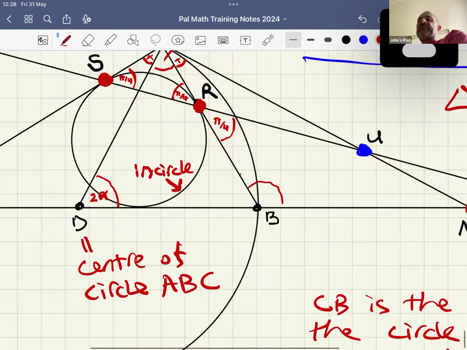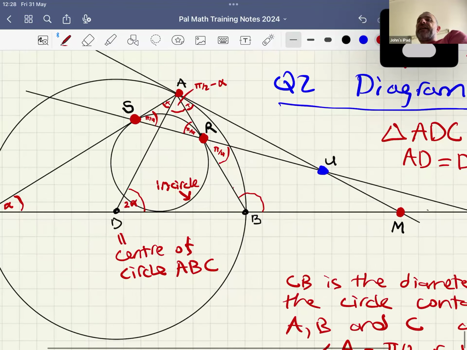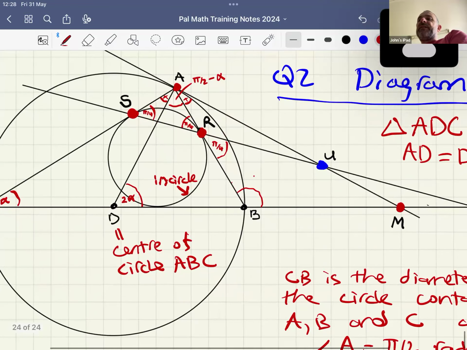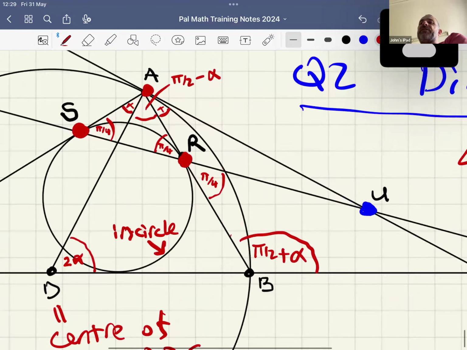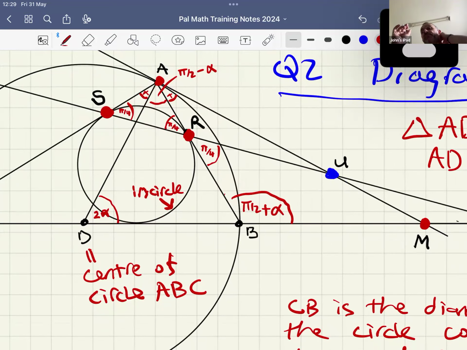So if we look at this angle, whatever it is, it's going to be the sum of pi over 2 minus alpha plus 2 alpha, because it's the sum of this angle here and this angle here. And therefore, the minus alpha plus 2 alpha becomes alpha. So I can just replace that by pi over 2 plus alpha. Okay, so that just requires a little bit of argument there.